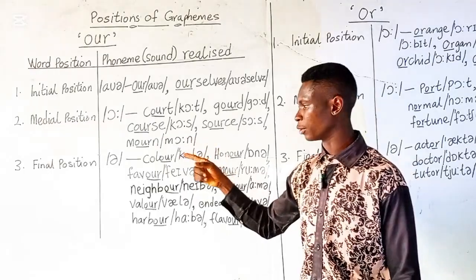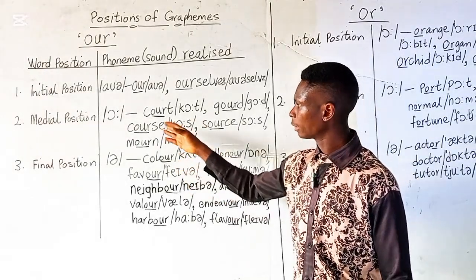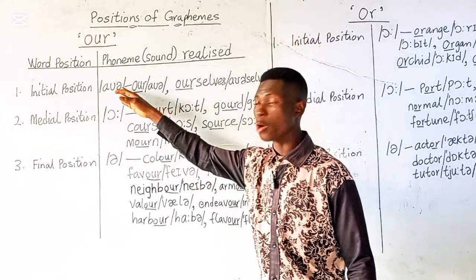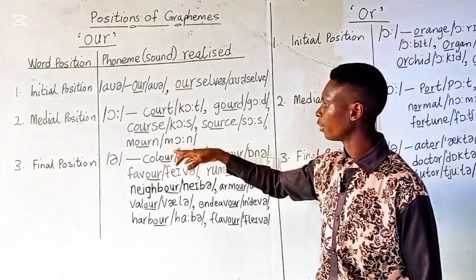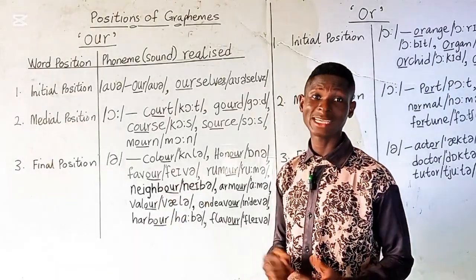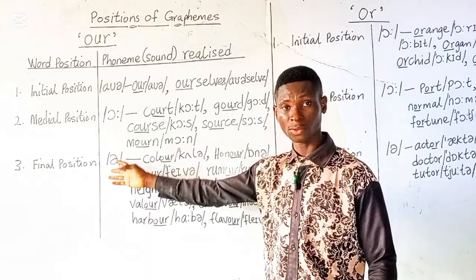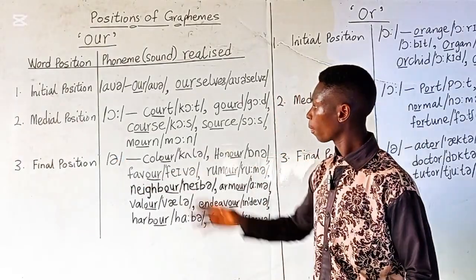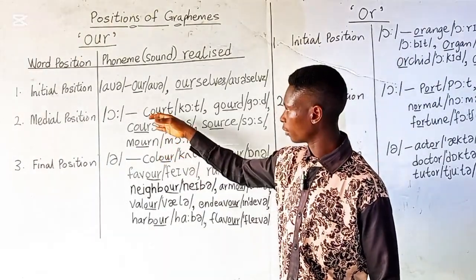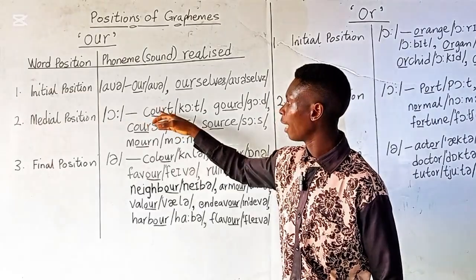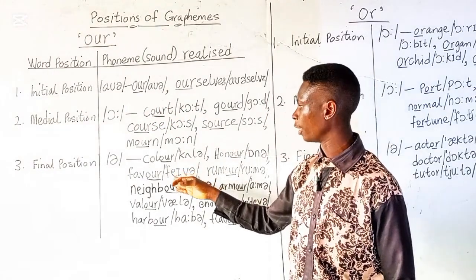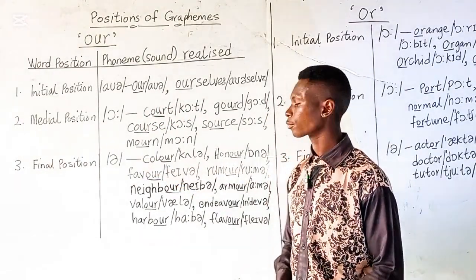Moreover, at final position, we don't have the O sound, neither do we have the OUR sound. What we have there is the shortest vowel sound in English language, which is vowel number 12, the schwa sound. So that also implies that there will be a difference between the pronunciation of OUR at medial position and at initial position and that of the final position.